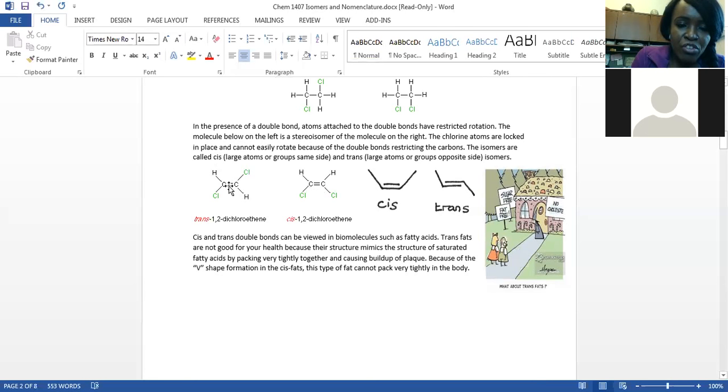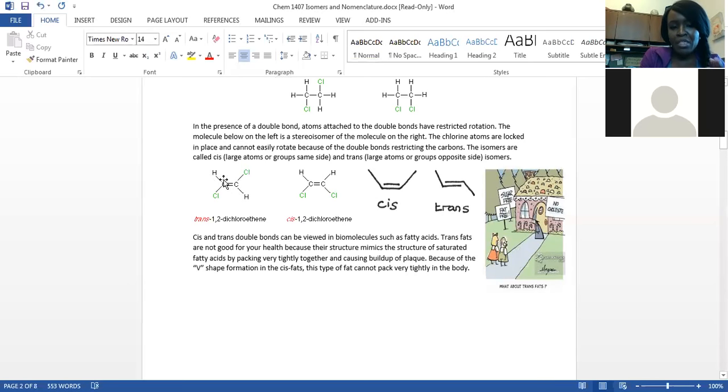So right here we have the trans fat, and we have the cis fat. Trans fat is opposite to cis fat, as in your chlorine groups are on opposite ends. In this case, a trans molecule. And this one here has the chlorine groups on the same end. So trans just means the large groups, the non-hydrogen groups, are on the opposite end. Or you can focus on the hydrogen groups.